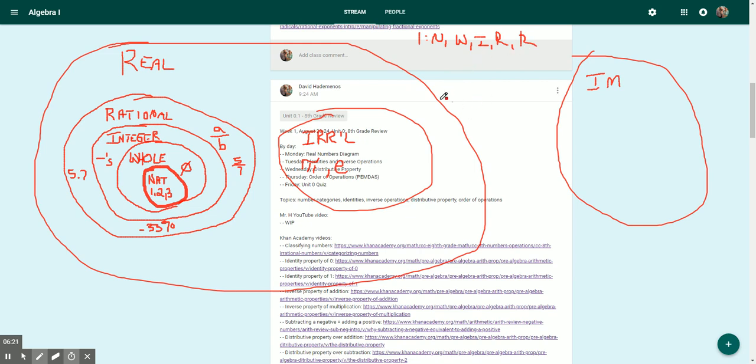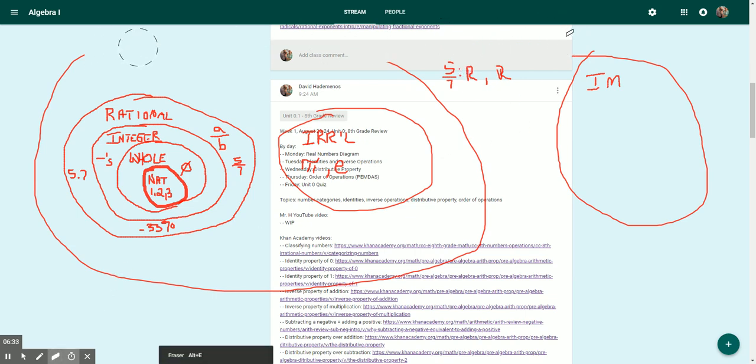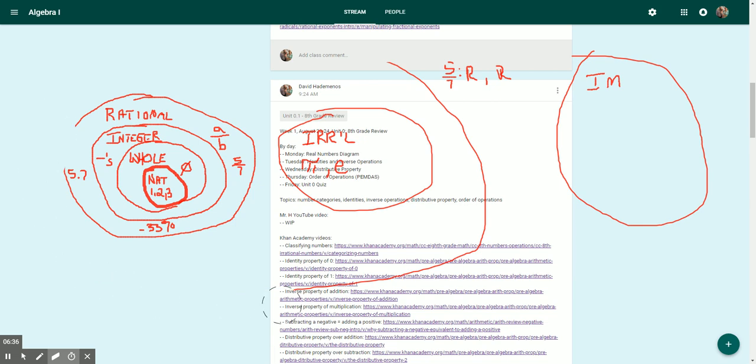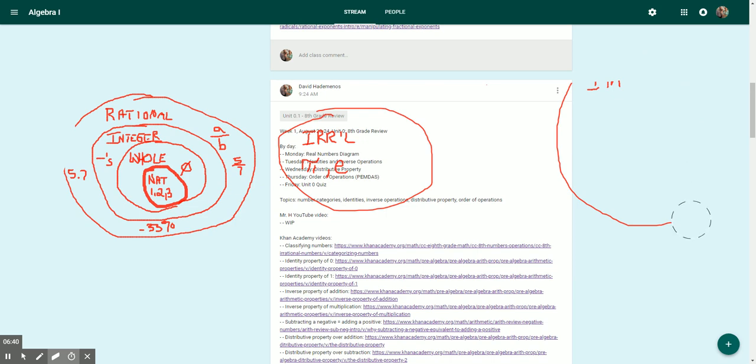Okay? But then if you have something like 5/7, that's just going to be rational and real only. We also have a note sheet that we took on that, and I'll be posting the pictures in case you did not get them yourself.